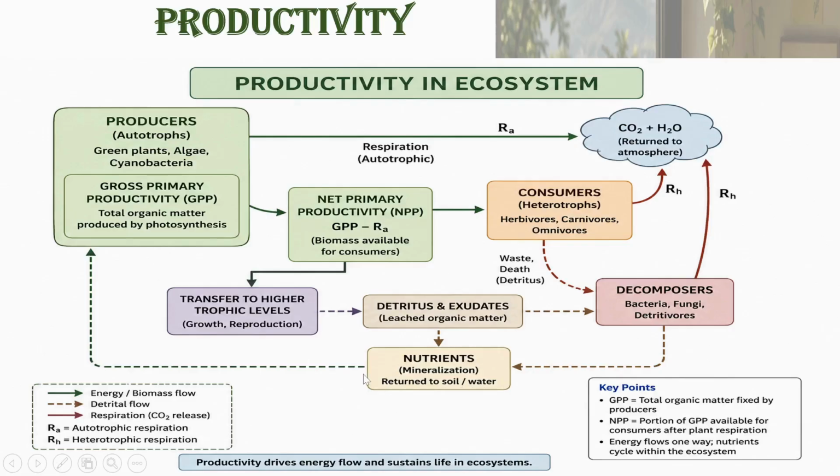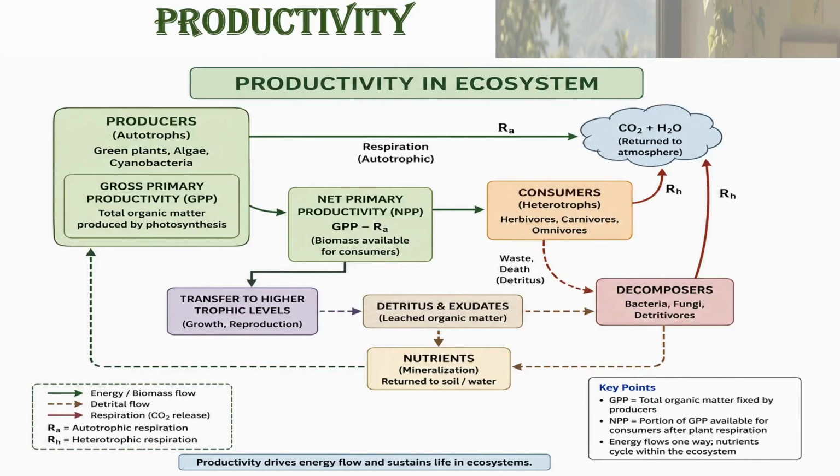So minerals are released into the soil as well as water, and the simple inorganic nutrients or minerals released can be easily taken up by the producers. So the biomass and nutrients are cycling in the ecosystem. This is possible by the productivity process.